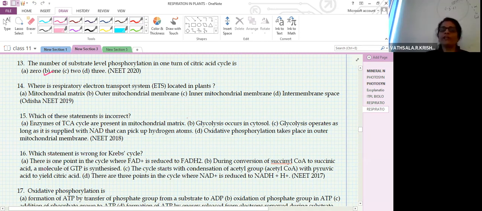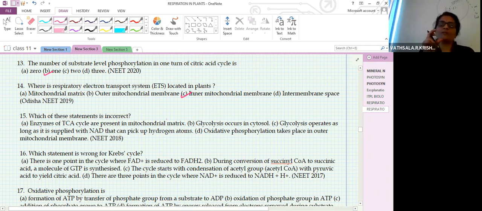So where is the proton gradient formed? Where is the proton gradient formed, guys? In the perimitochondrial space, the space between the two membranes. In that, the proton gradient is formed.